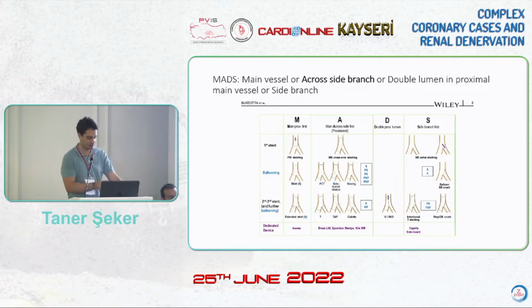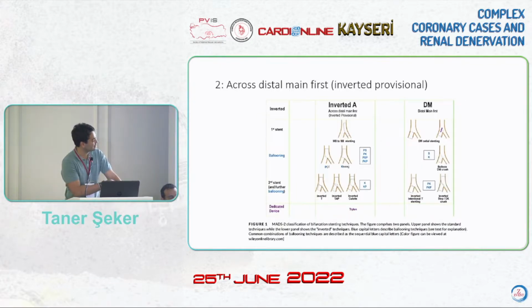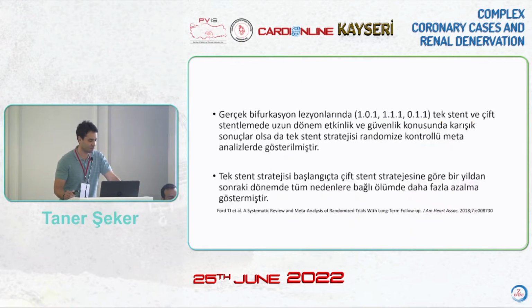A different side branch terminology will also be mentioned. In inverted provisional, from the side branch to the main vessel, the stenting is done. Here, the distal part of the main element is called the assigned side branch, as we see in the paper.